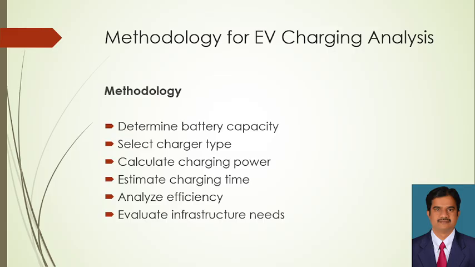So that's why for level 1 and level 2, usually we charge the electric vehicle at home only, because single phase supply is more than sufficient for level 1 and level 2. Only for DC fast charging we need to go to the stations. For level 2 also we can go to the stations. Level 1 can be charged at home, and level 2 can be charged at home or at charging stations.